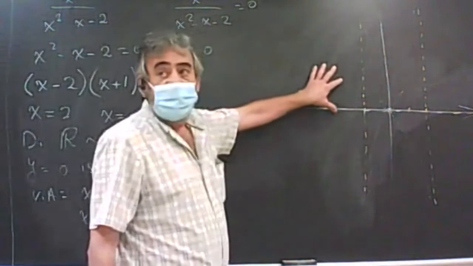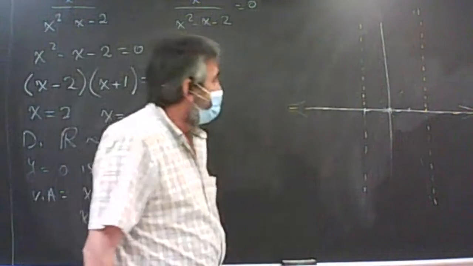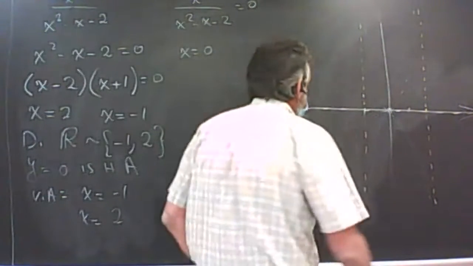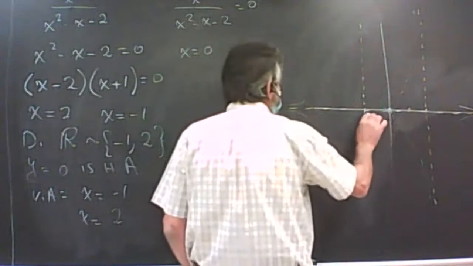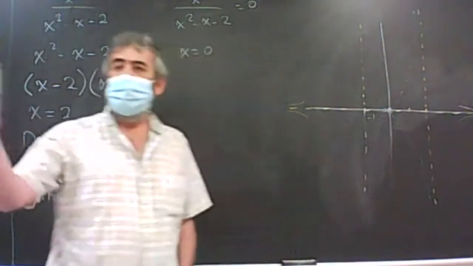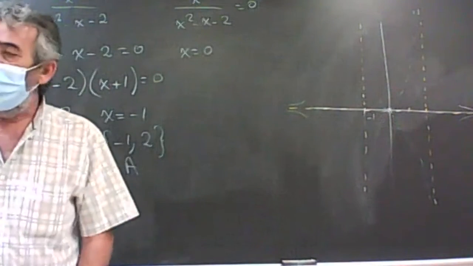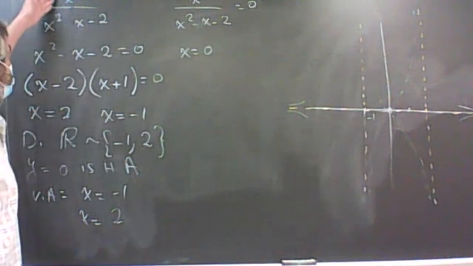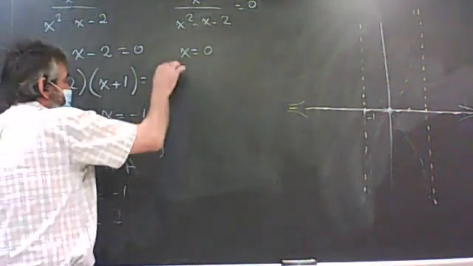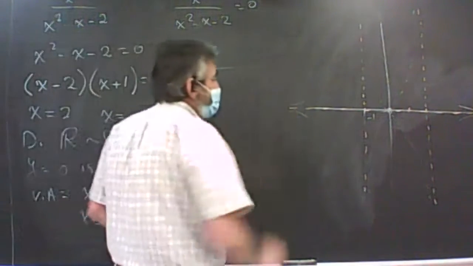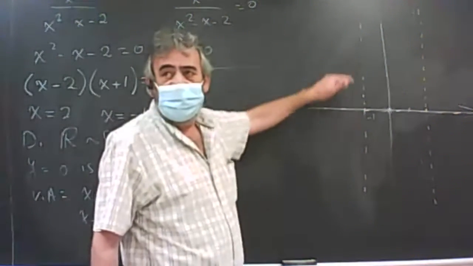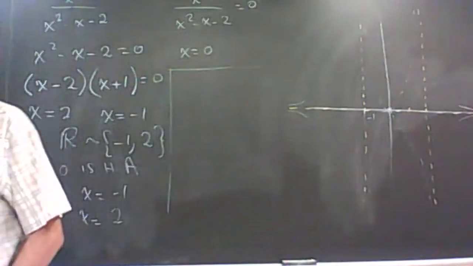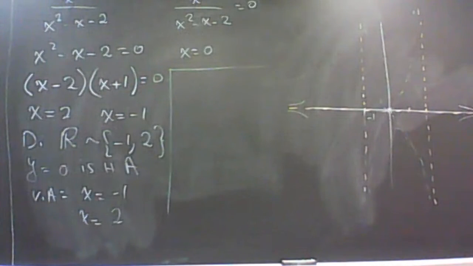Let's figure out what's going on this side first. That's easy, yeah? I'm going to take a point before that one. This one was -1, so let's say -2. If I substitute -2 here, what do I get? Look, I'm only interested to see whether it's on top or bottom, right? So really you don't have to be accurate, just know whether it's positive or negative.